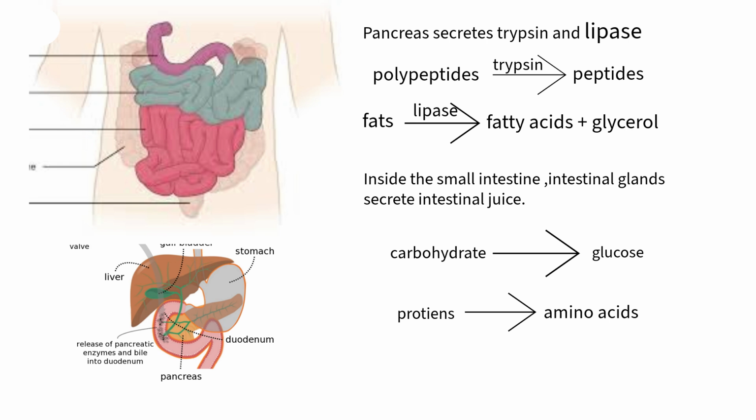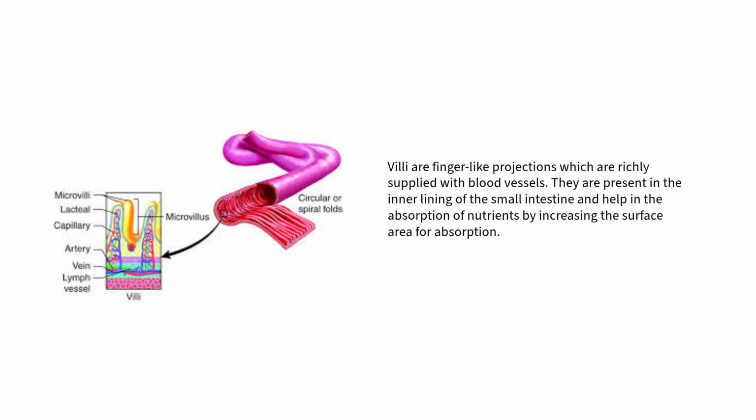After digestion, the molecules of food become very small and can then be absorbed by the walls of the small intestine and move further into our blood. The small intestine is the region for absorption of digested food because of the presence of villi.